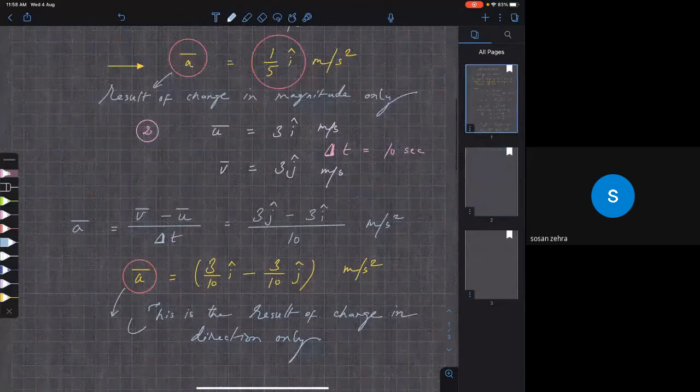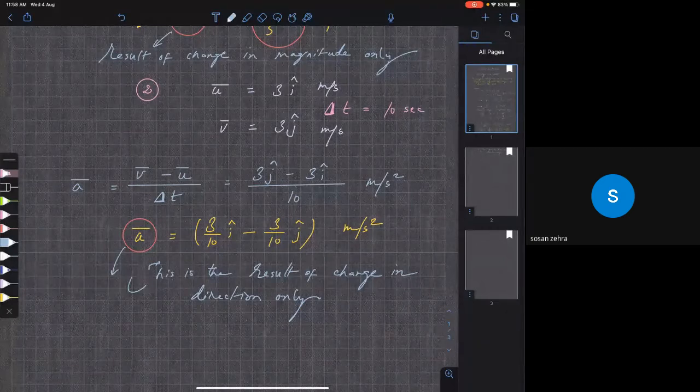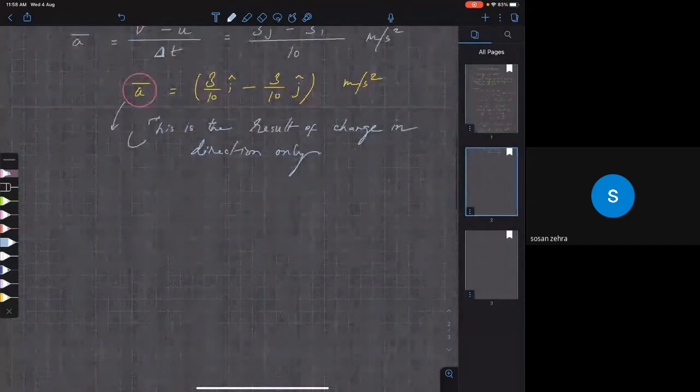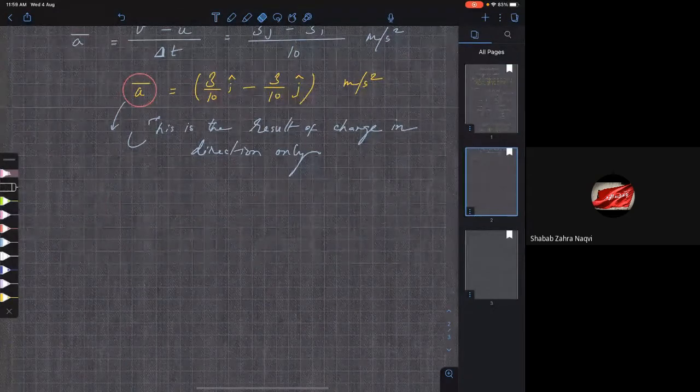And there can be a possibility when both the direction and magnitude change. Clear? I'll give you that example, so you'll get all the cases.